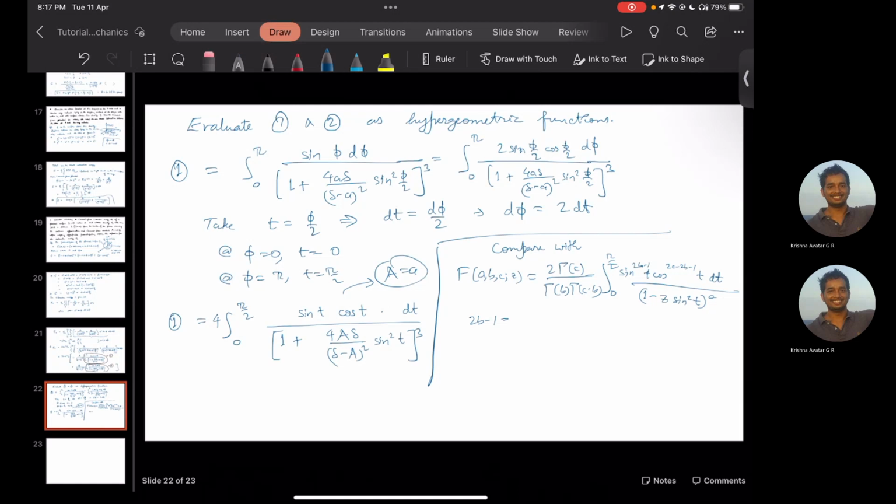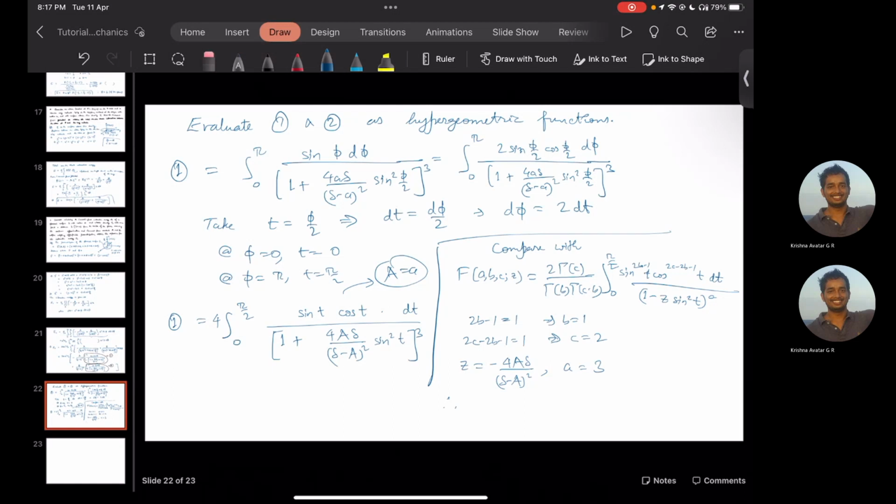So 2b minus 1 is equal to 1, and 2c minus 2b minus 1 is equal to 1, and z is equal to minus 4 capital A del by del minus a whole square. And the fourth thing was a is equal to 3. This means b is equal to 1 plus 1 is 2. So 2b is equal to 2, b is equal to 1. And then we have 2c minus 2 minus 1 equals 3. So this means that 2c is equal to 4. So c is equal to 2, right?